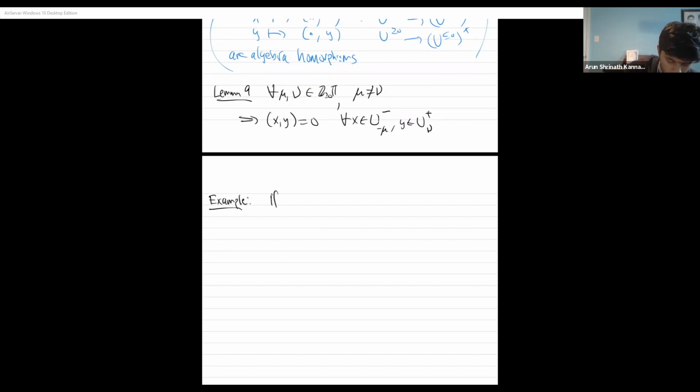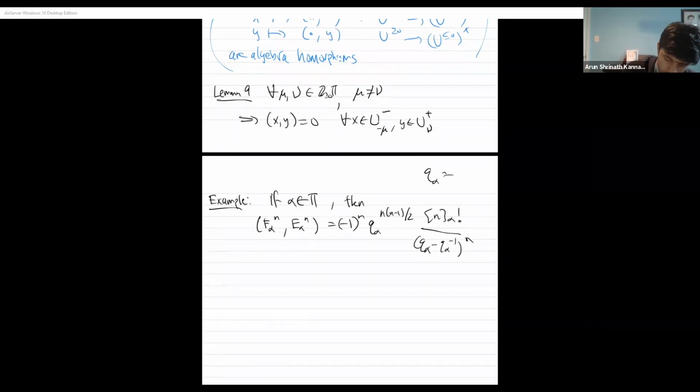If alpha is a simple root, then the pairing of f alpha to the n with e alpha to the n is equal to (-1) to the n, q alpha to the n times n minus 1 over 2, over... recall that q alpha is equal to q to the alpha alpha over 2.